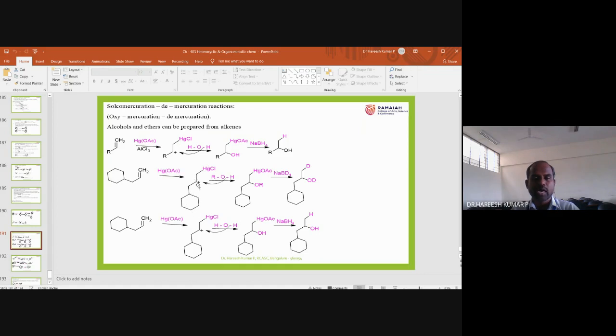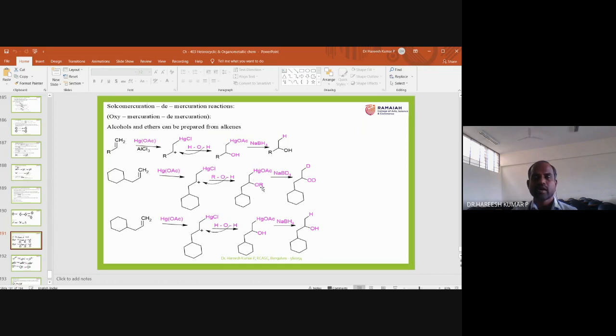A positive charge is there. The solvent present here is an alcohol, where the alcohol may be methanol, ethanol or propanol, because it is mentioned as ROH. The lone pair will attack this carbocation, forming a compound like this.